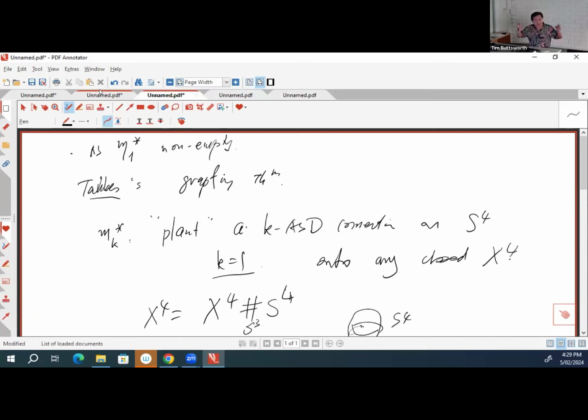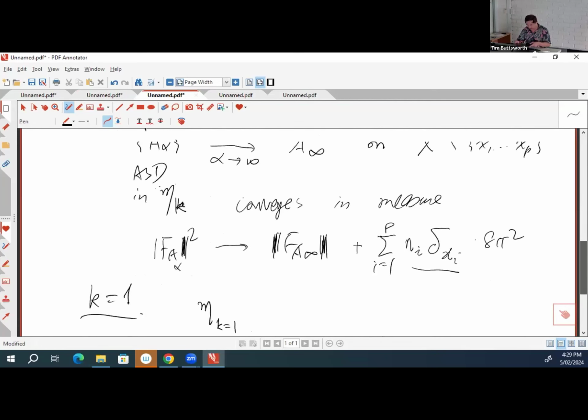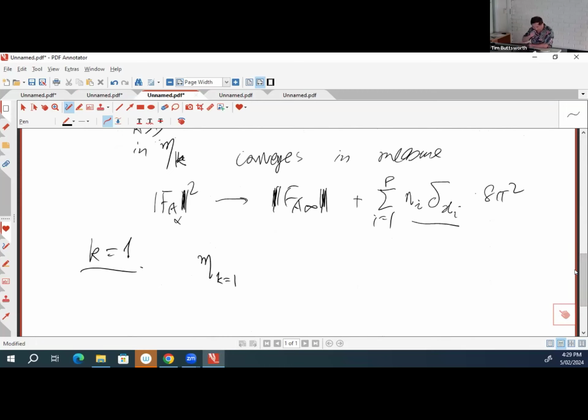On the other hand, if you have a sequence, the sequence could have a limit which is a bubbling of an instanton on S4. So this can be thought of as the inverse of Taubes' theorem. And so now you can compactify by adding just one point. Since k is 1, you are adding just the points of X.